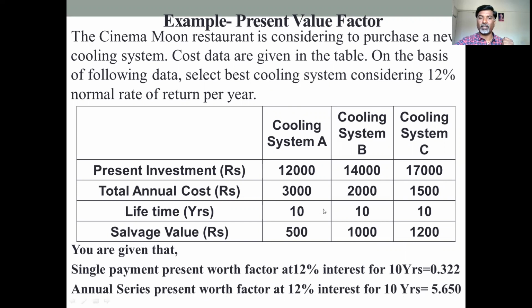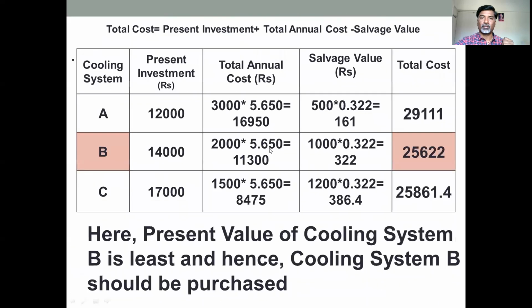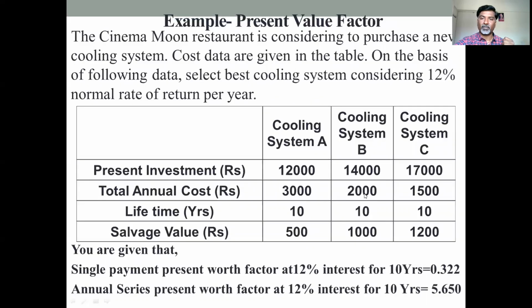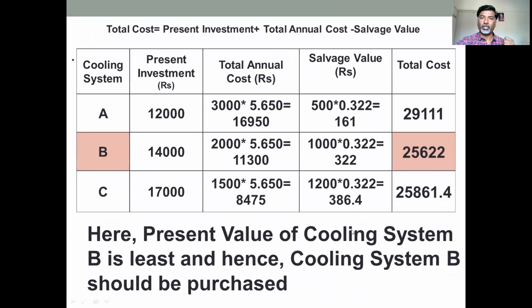So you have to multiply 3,000 into 5.650. 3,000 into 5.650, you will get 16,950. Likewise, the 2,000 they have given, 2,000 multiplied by 5.650, and lastly 1,500 multiplied by 5.650. You will get all the total annual costs.